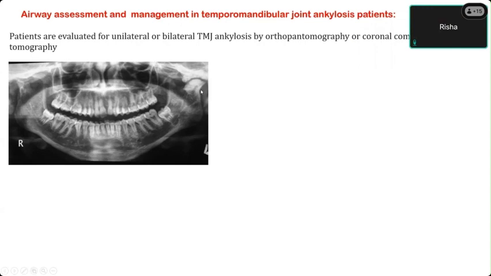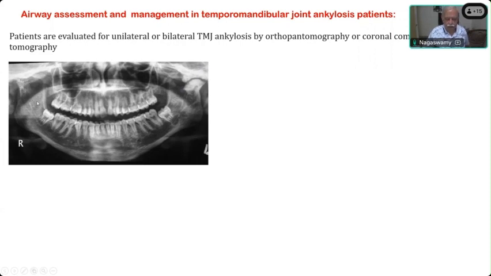There is a gap between. So this is the normal joint, the head of the mandible with the coronoid process here, articulating in the glenoid cavity, whereas here it is all fused. There is no such portion. So this is a right-sided TM joint ankylosis.